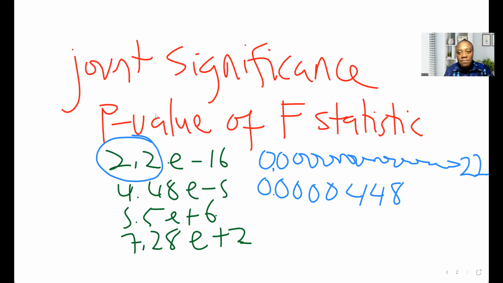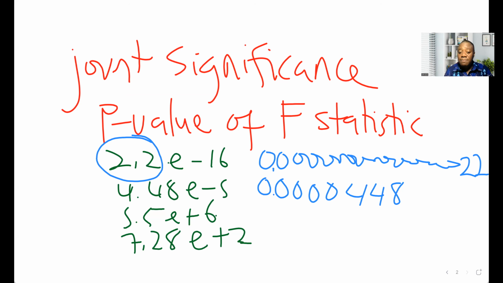Good evening, Doc. So 5.5 E plus 6 means we would have 6 zeros after 5.5, meaning we'll have 5, 5, 0, 0, 0, 0, 0, 0. So that will be 55. Should I call it million? Yes, 55 million.